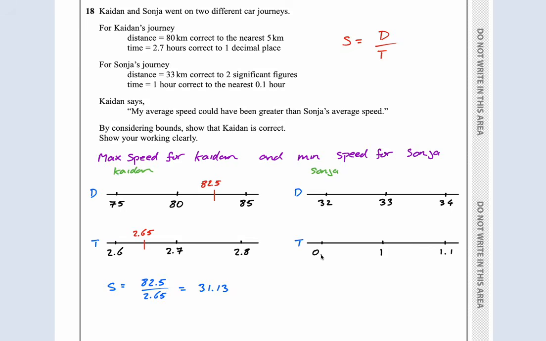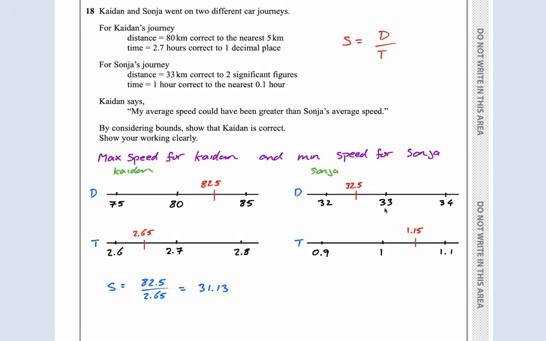For Sonia, we're going to get the lower bound for distance, which is 32.5, because we're trying to find her min speed, and the upper bound for time, which is 1.15.